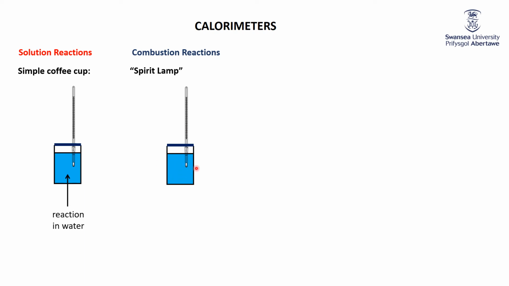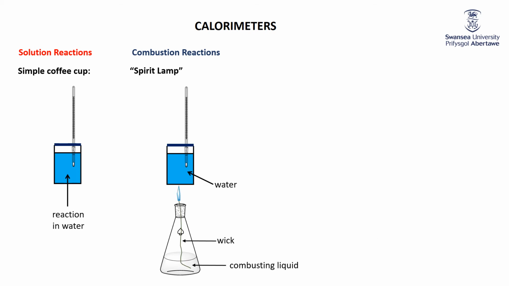The water in the calorimeter for which you measure the temperature change, but then instead of doing the reaction inside the water, you just burn something outside the water. So you have a combusting liquid in a little container here that has a wick that you set light to. You burn the fuel of your combusting liquid, and that heats up this calorimeter here.